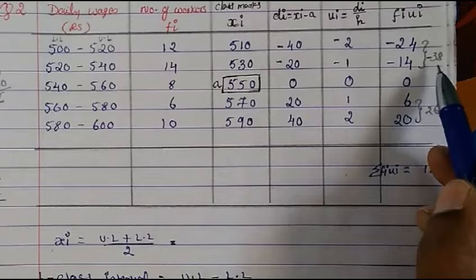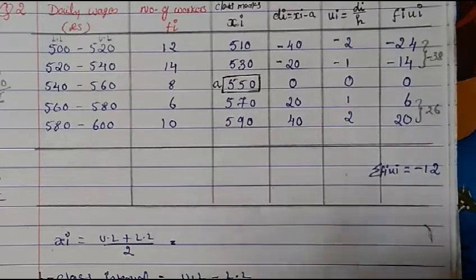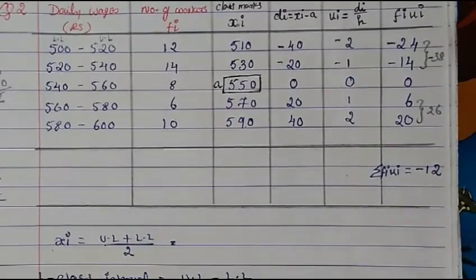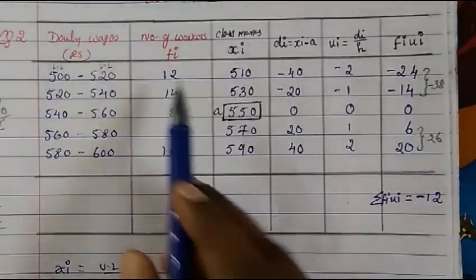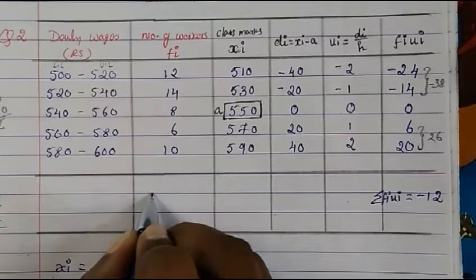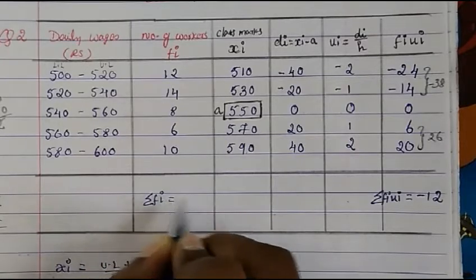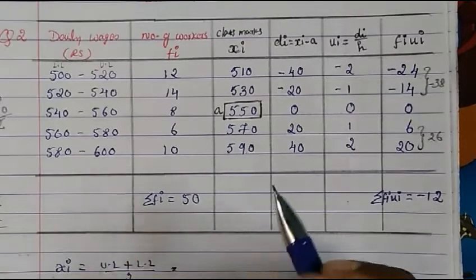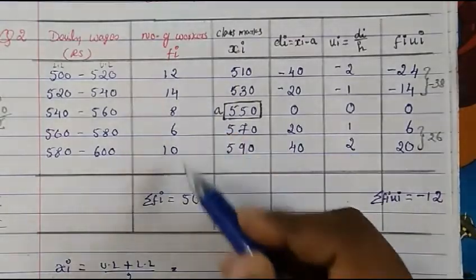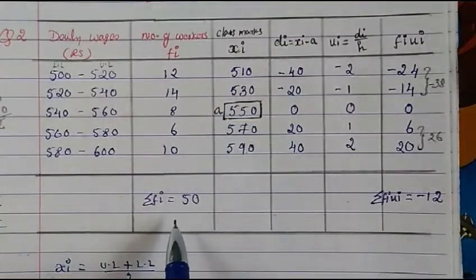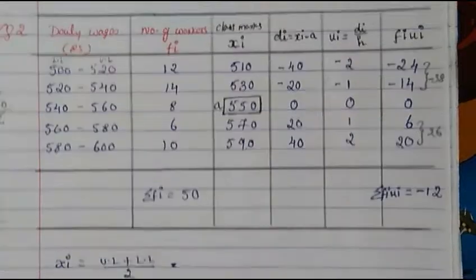But then the biggest number is minus. So minus 12. So that's it. So let's write down the formula and then the summation of number of workers. It is given to us in our question, number of workers. How many workers? 50 workers. Otherwise you can total it here, but in the question it is given to us that total workers are 50.